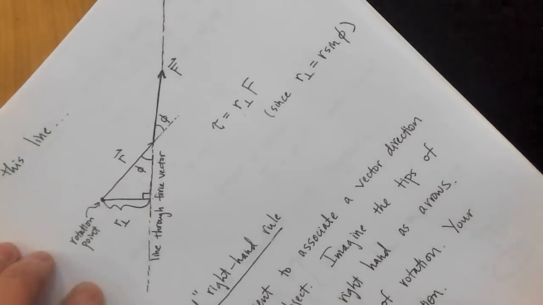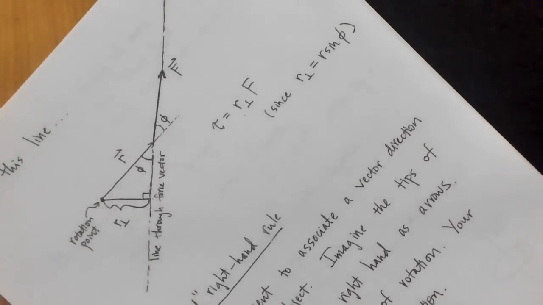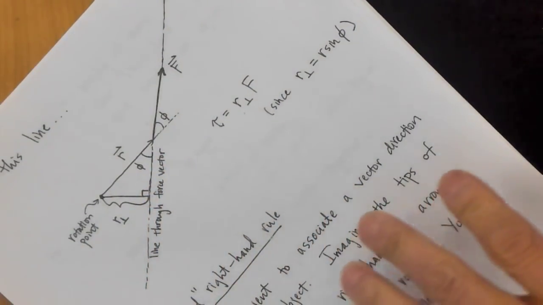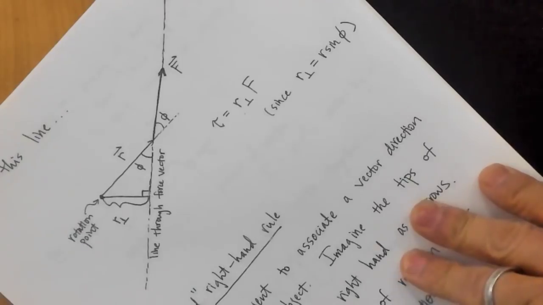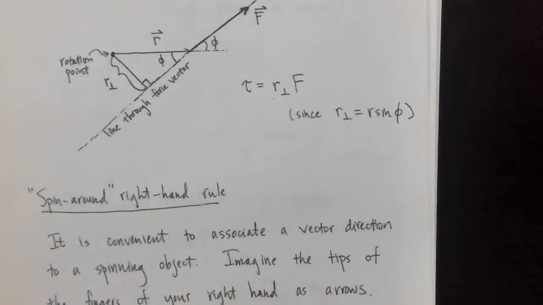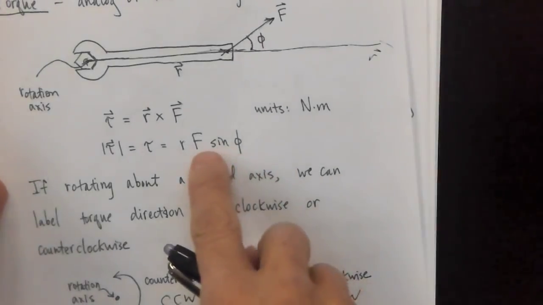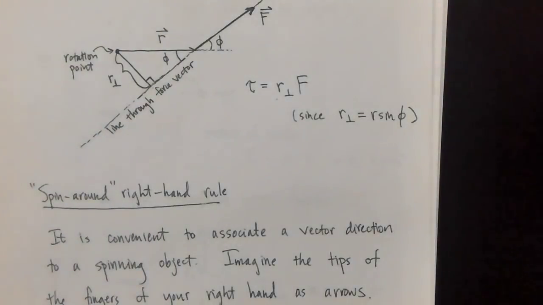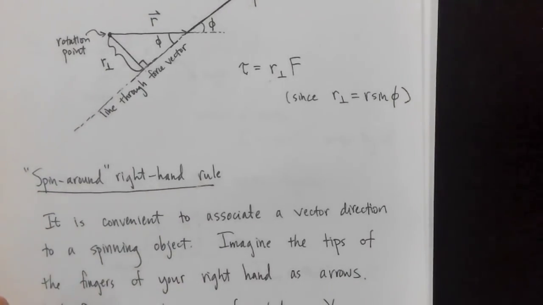The reason is that typically in a drawing they give you the distances vertically and horizontally, and those measurements are very helpful for getting R perpendicular when the forces are vertical or horizontal. But you can still use the formula we had before, R F sine theta. It's just that typically it's an extra step to get the angle. Any questions?